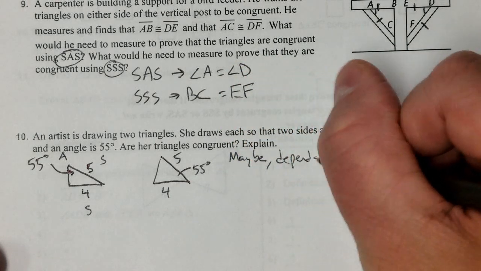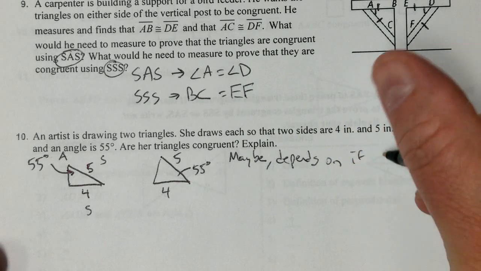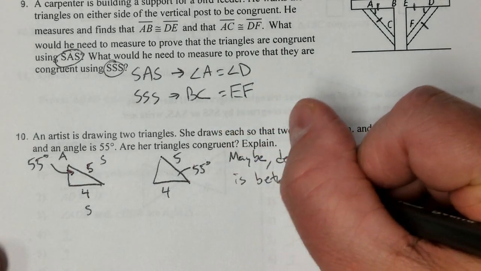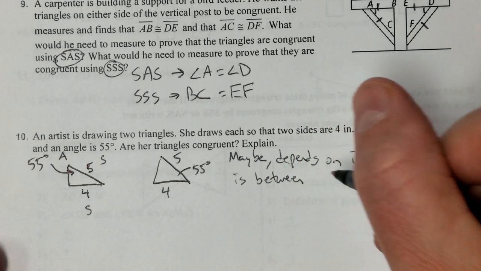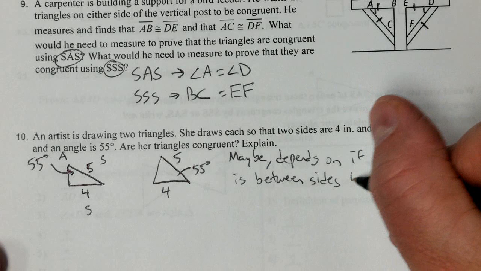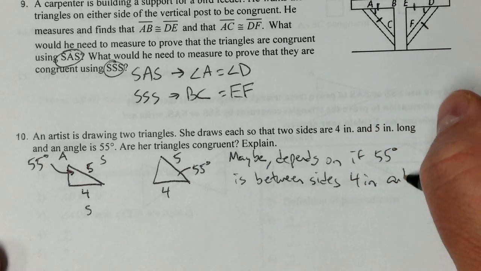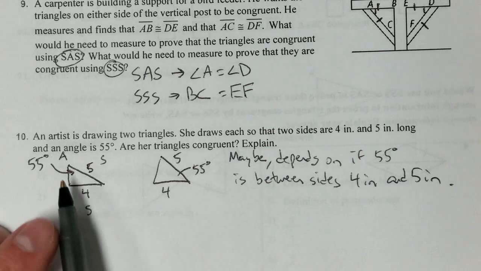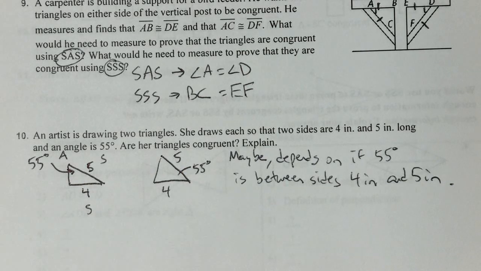It depends on if 55 degrees is between the sides that are 4 inches and 5 inches. So it depends on if both of them are that way. Okay, that's going to be a good stopping point, and you can work on your Math Excel now.